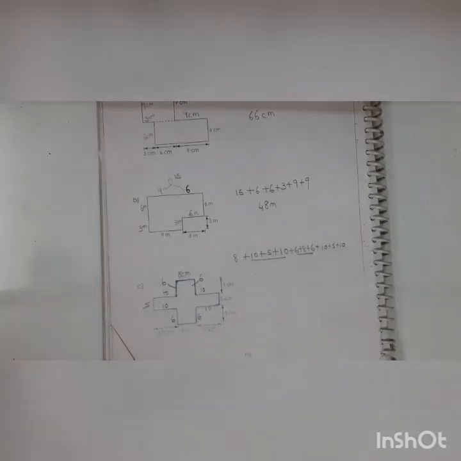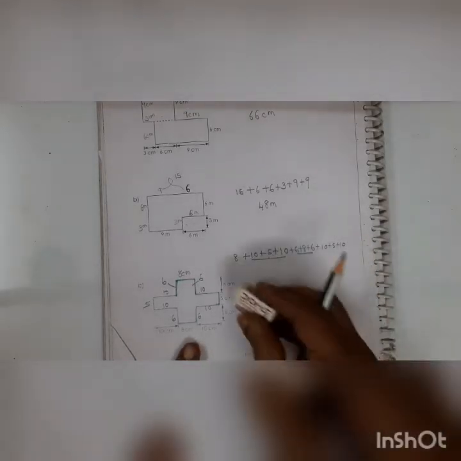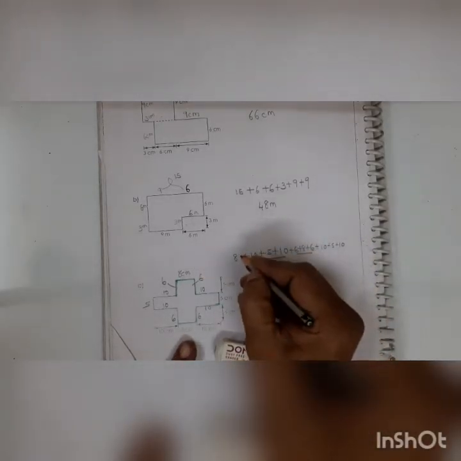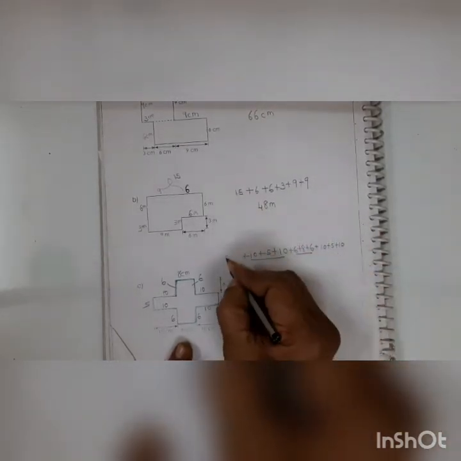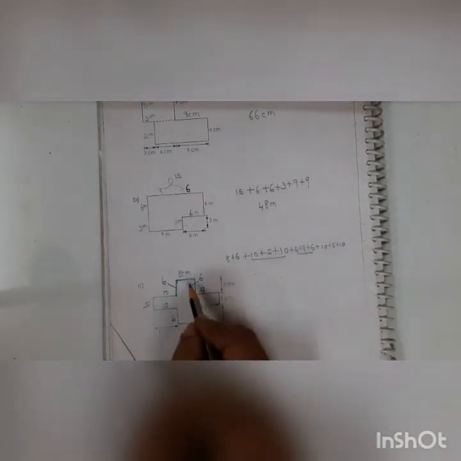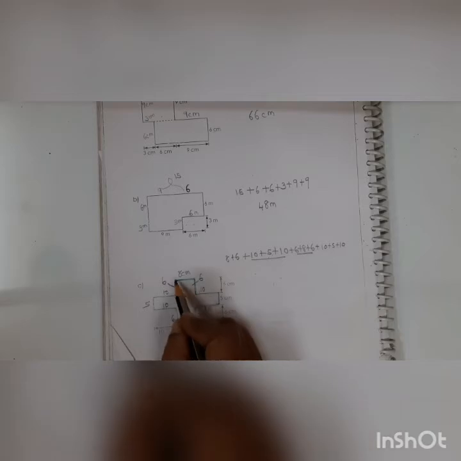Children, see, that's the reason why I told you to use your pencil. So I need to do some changes here. That will be 8 plus 6. Got it, children? Why? Because see, it moves like this. It moves like this. Correct?